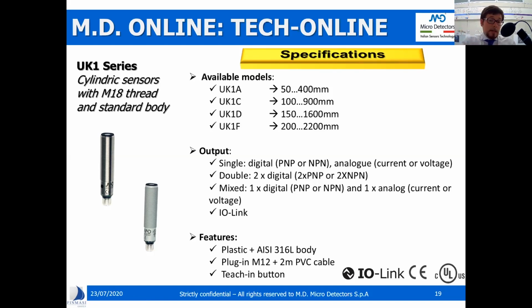2200 millimeters. Another way of clustering these models is based on the output. In fact, we have single digital or analog output models with single digital PNP or NPN, analog with current from 4 to 20 milliamperes, voltage from 0 to 10 volts.